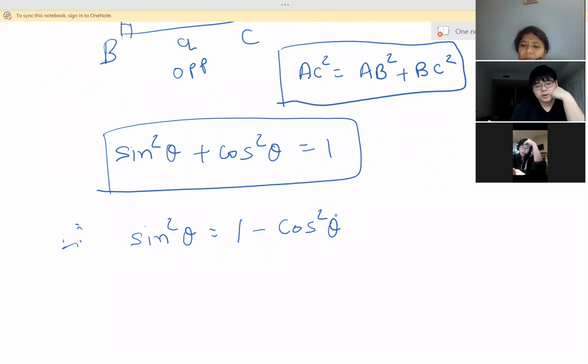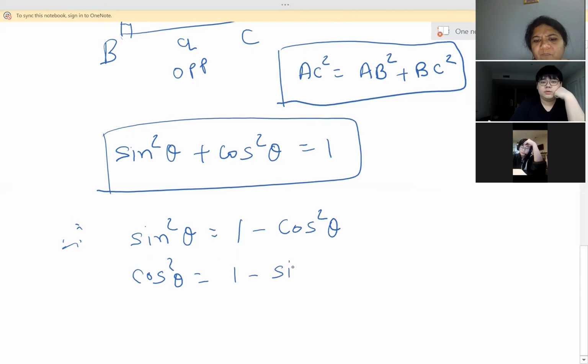Yes. Okay, good. We can write it down like this. Same thing with cos square theta is equal to 1 minus sin square theta. I can isolate sin square theta as well as cos square theta.